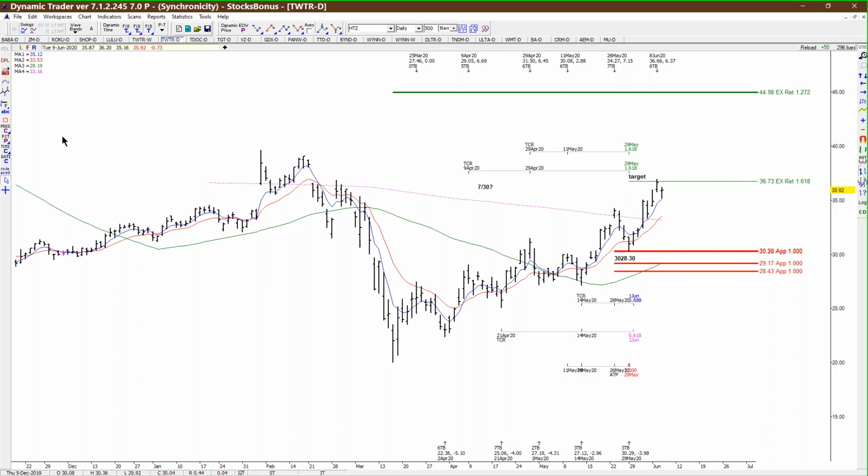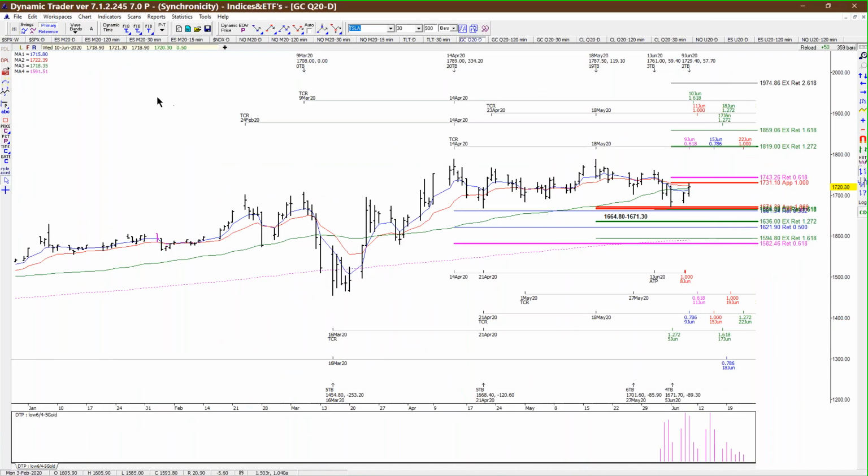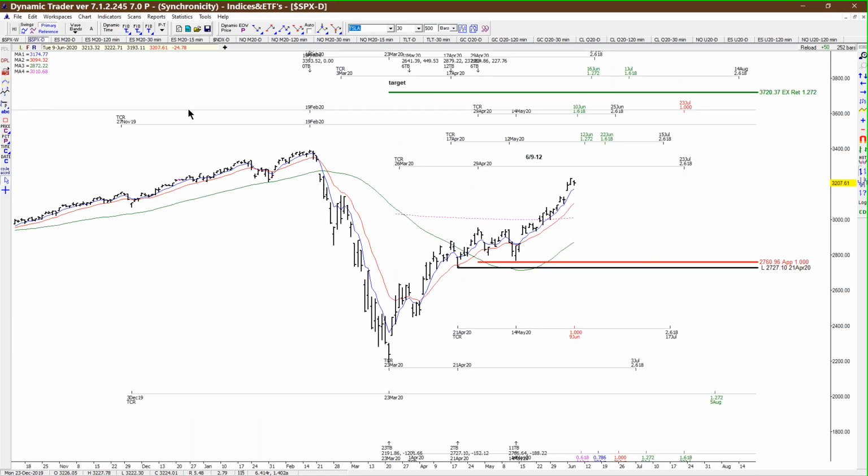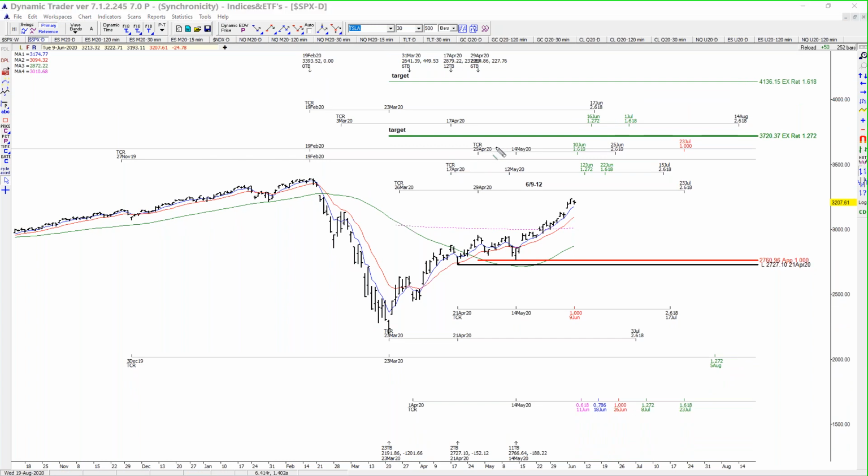As far as timing, I do the SPX, not SPY. I do have, let's see, high to high cycle June 10th, high to high cycle June 12th, low to low cycle June 9th.